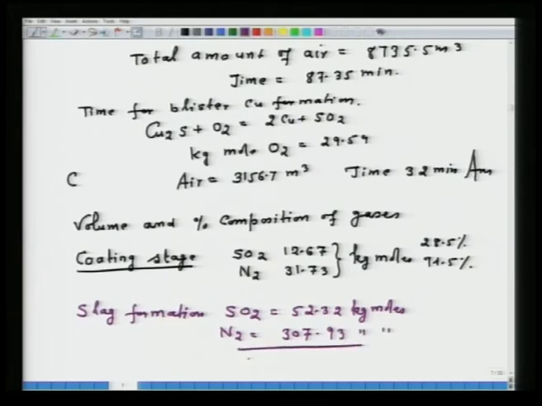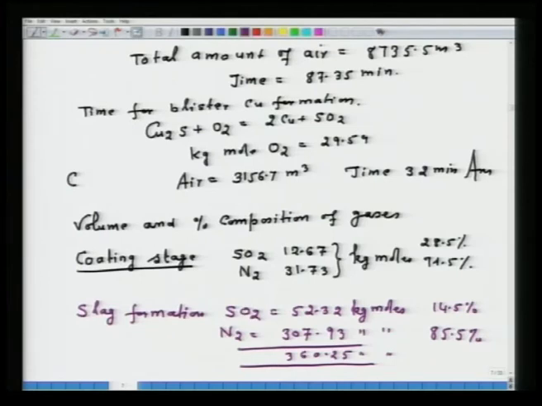If you sum both, it becomes 360.25 kg moles, which is the amount of converter gas produced. If you want the volume, you multiply by 22.4 to get meter cube. So, the percentage of SO2 is 14.5% and nitrogen is 85.5%. That is the amount and percentage composition of the gases in the slag formation stage.